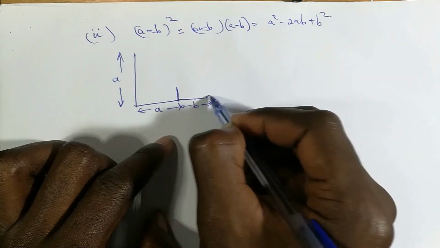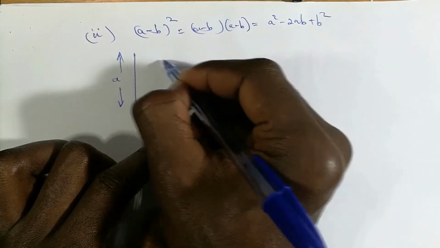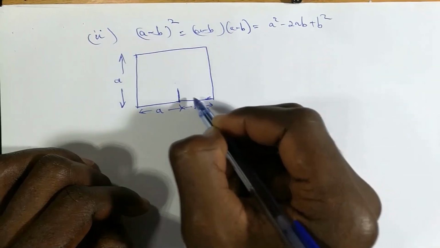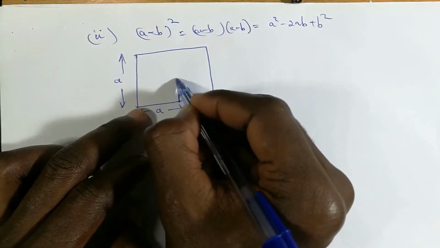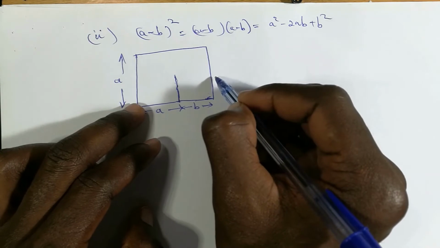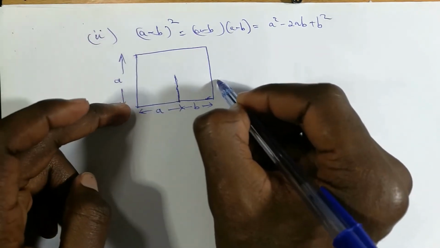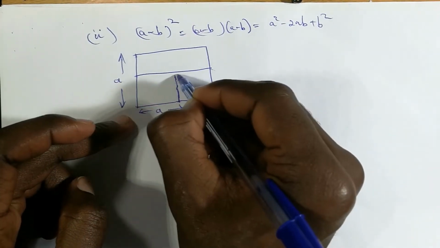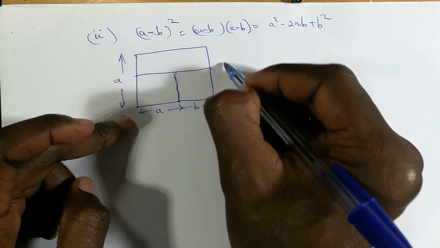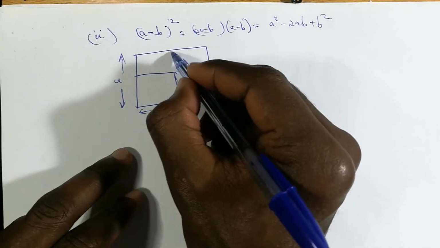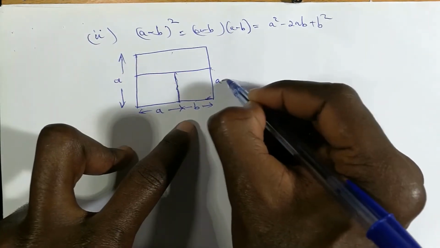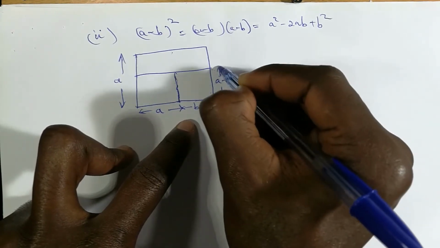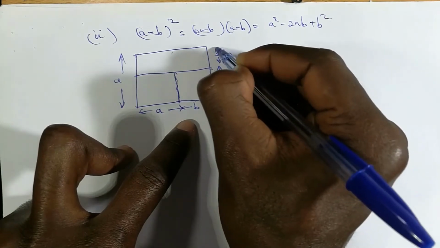I want this side also to be having, okay, first join that distance. Now that means some length here should be b, because I want here b to be here, a minus b, the whole of this length to be, let me first split from here, have here length a minus b, that means that must be b.